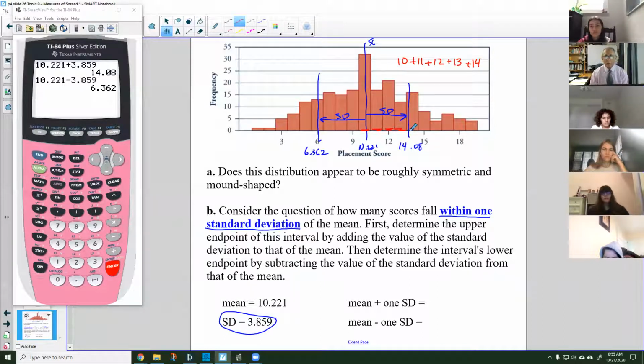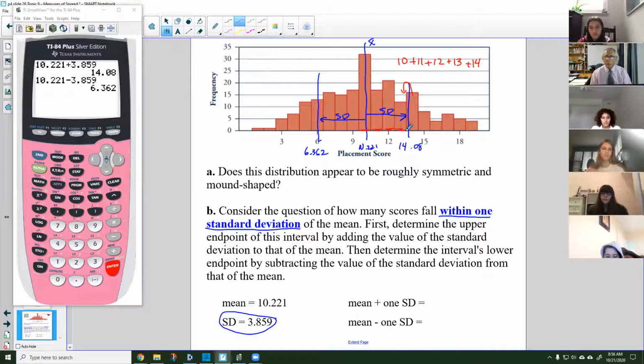I guess it has to include the 14 bin too, because the scores are integers. Since you can't score a 14.08 on the exam, you're either going to score a 14 or a 15. So if one standard deviation above the mean is 14.08, everybody that scored a 14 falls within one standard deviation of the mean. Does that make sense? Everybody clear on that?